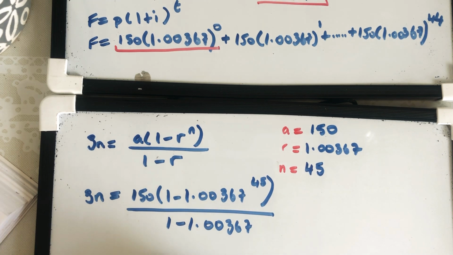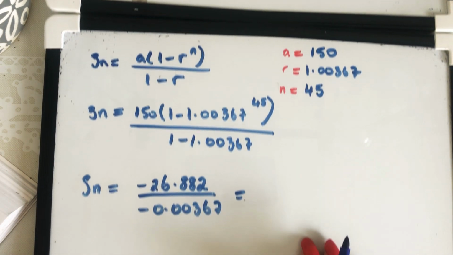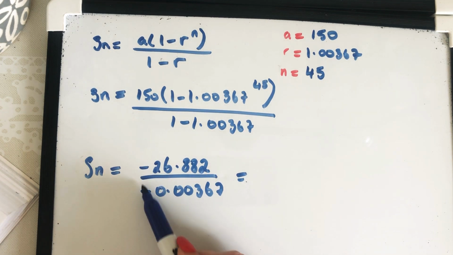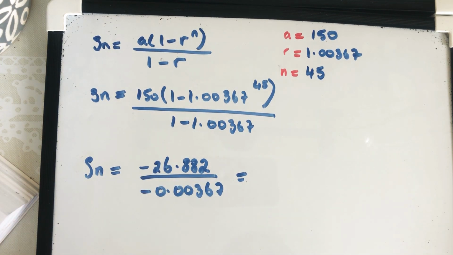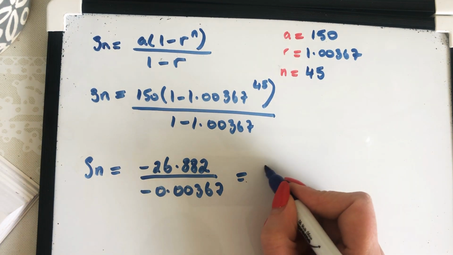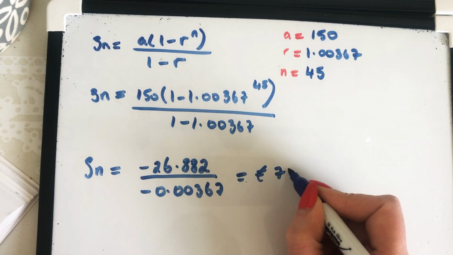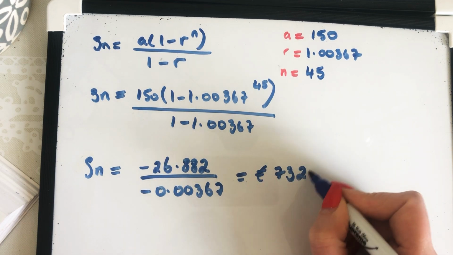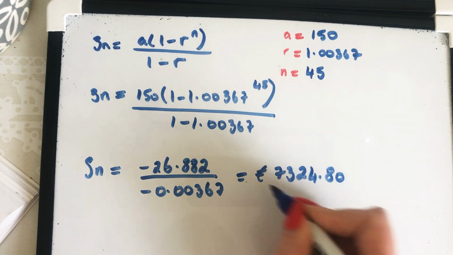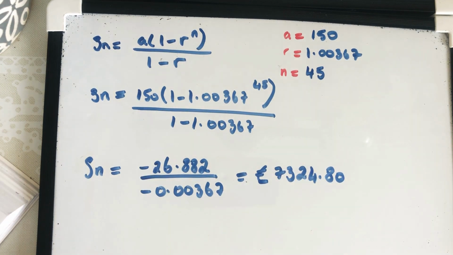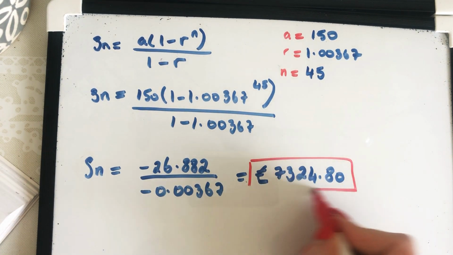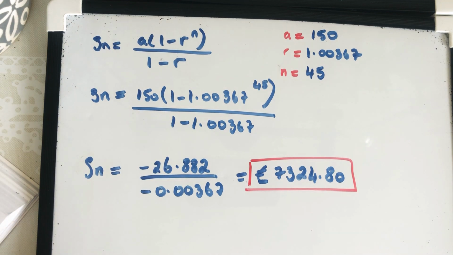Of course, we're always looking for two negatives here, because we know a negative divided by a negative is a positive. So divided by minus 0.00367. And we get out a total of €7,324.80. So there we have it. And of course, if they want it as near as euro, you'd have 7,325. So just be careful there as well on how they want you to present your overall answer.